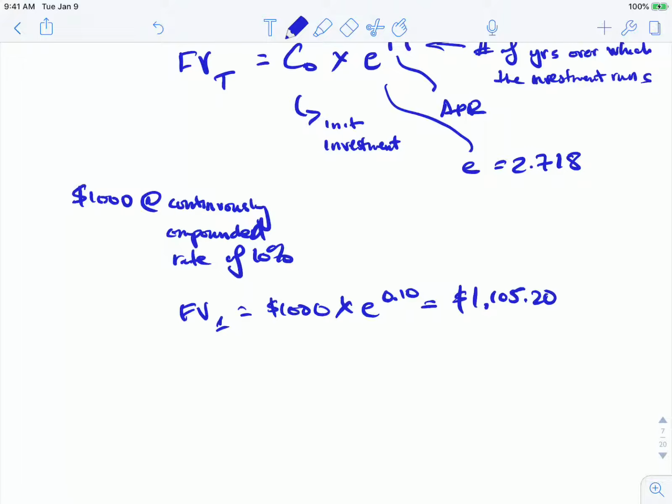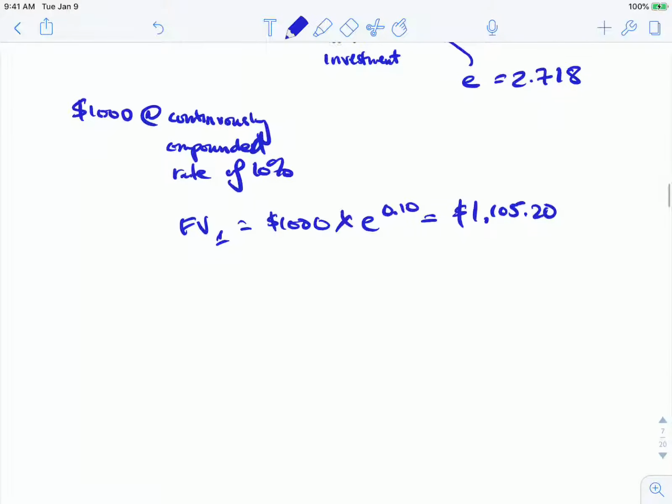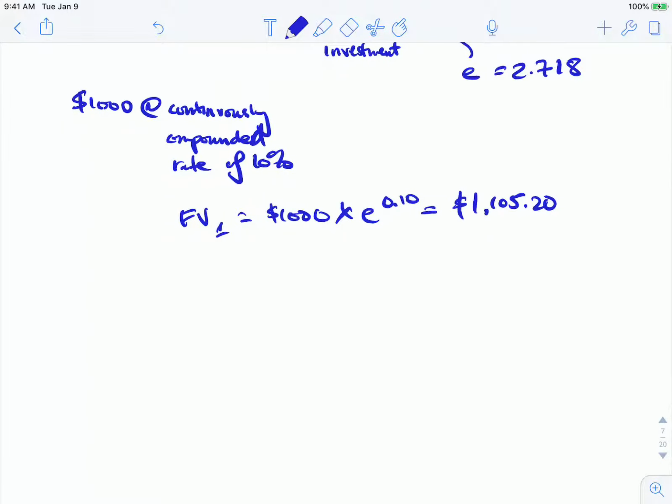What if you invest for 2 years? Same problem, but for 2 years.